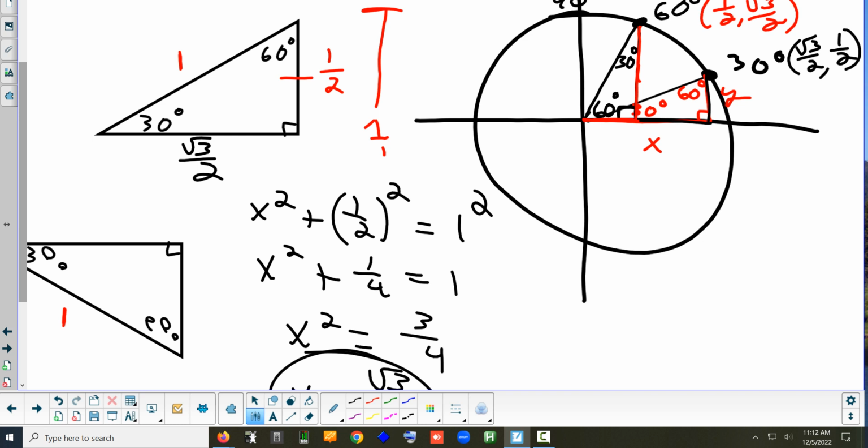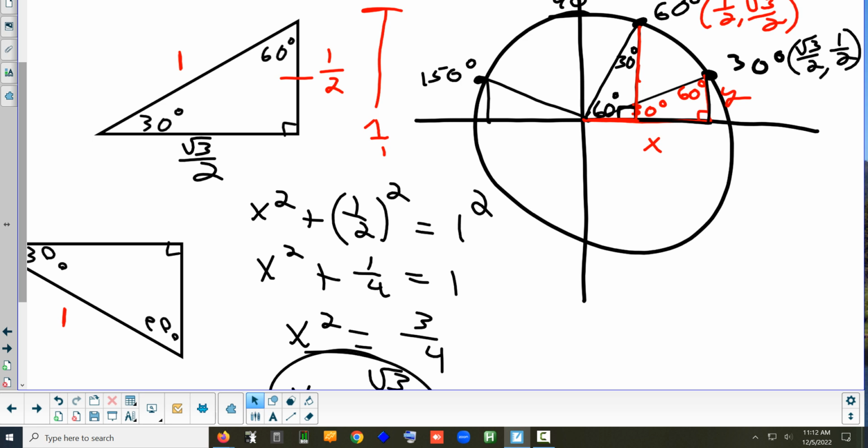All right, so now we could do something like this one. That would be 150. What do you think the coordinate for 150 would be? Negative square root 3 over 2, 1 half.